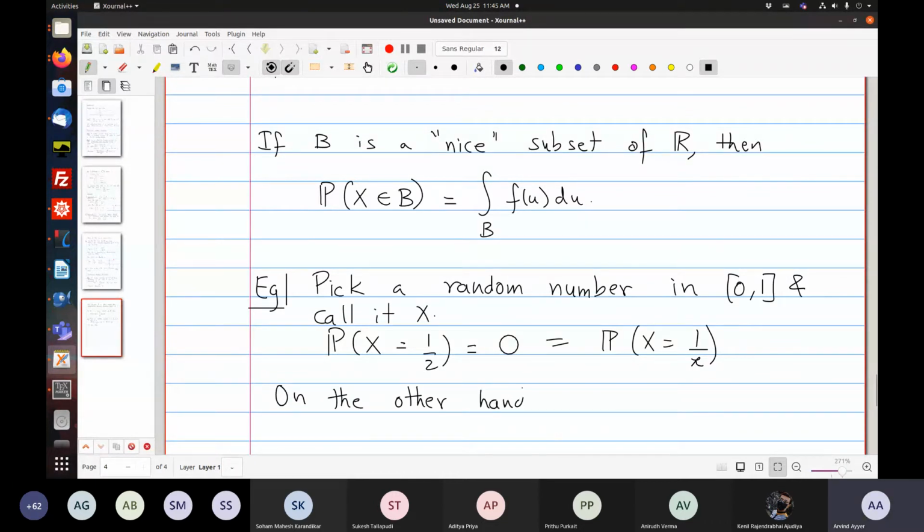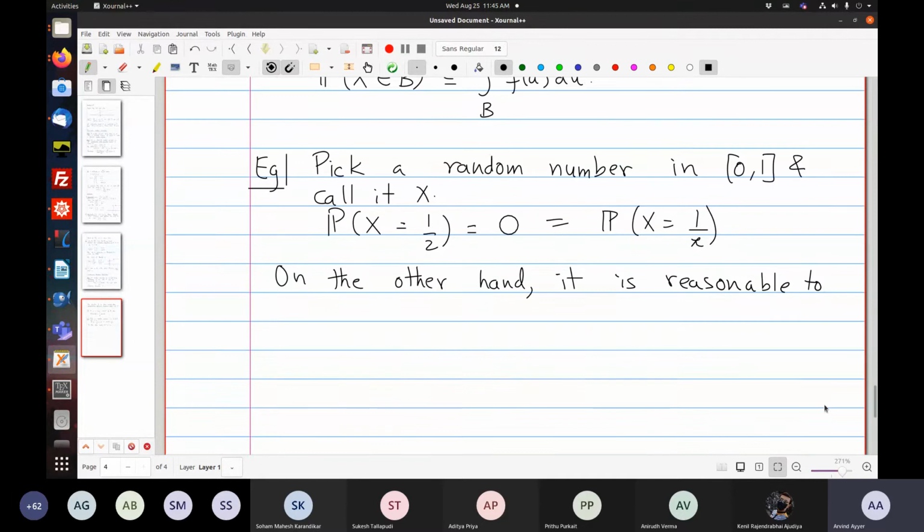Just let me finish my sentence. It is reasonable to suppose that if I ask you what's the probability that X lives between 0.3 and 0.7, this should be 0.4.